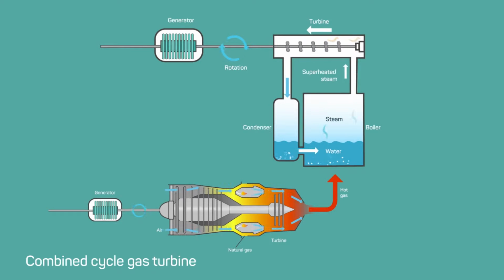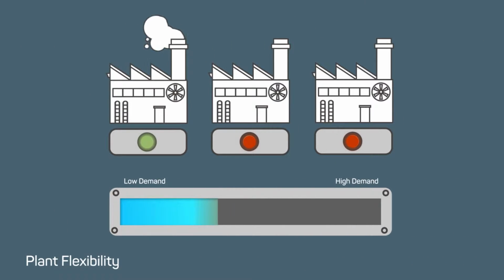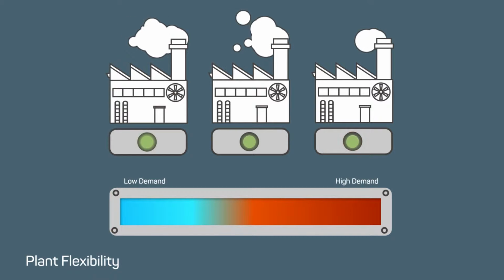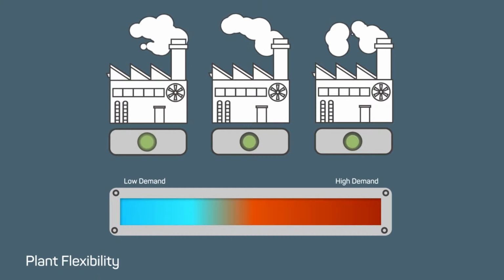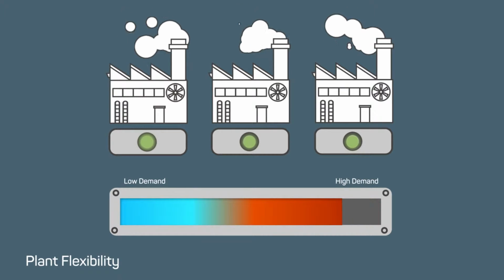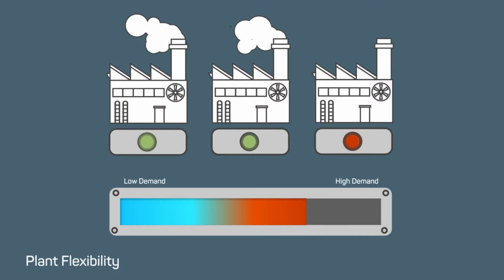But what you need to know is that these plants can provide predictable electricity generation. Their output can in general be increased or decreased in response to demand changes and in response to plants going on and offline. So they can provide varying degrees of flexibility depending on the plant design.